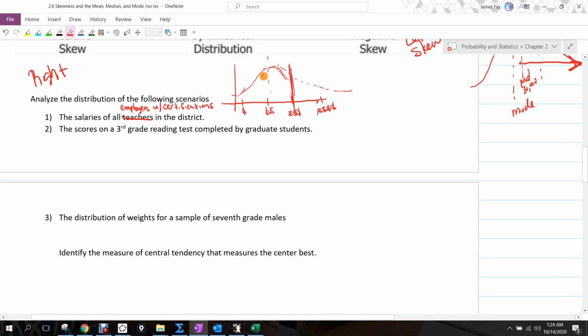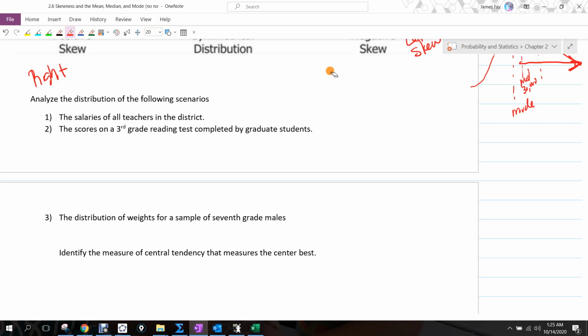When you look at situations like a large corporation, take Amazon, and say we want to look at the salary of Amazon employees, and we add Jeff Bezos into that, well, the man is worth like $80 billion. He's a drastic outlier, which is going to pull the mean.